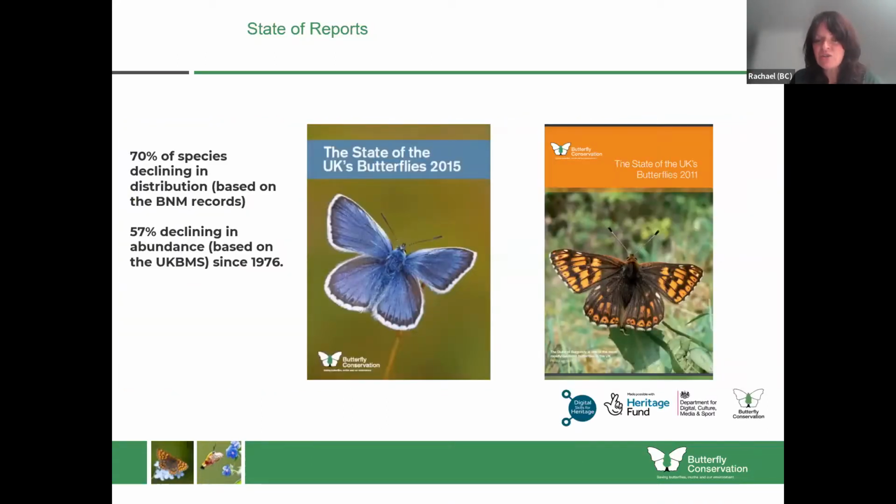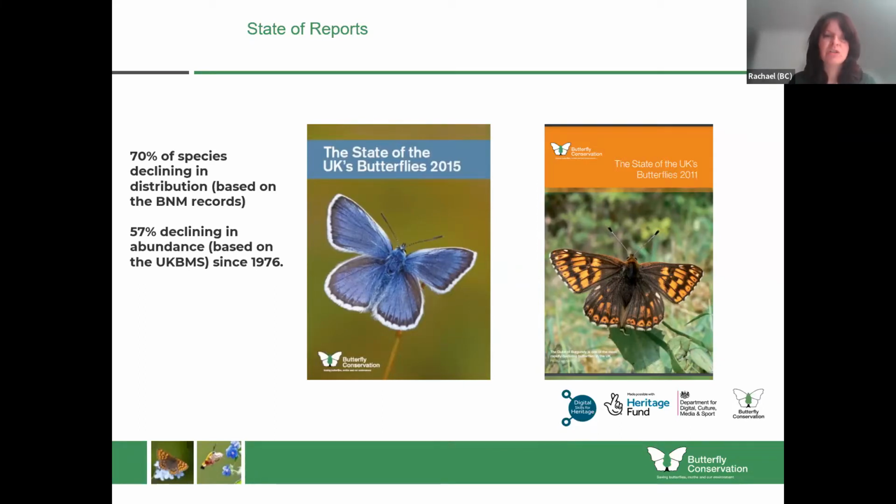We use the data to produce very significant publications, such as the State of UK Butterflies. We do one of these every 5 years or so, and we've got a revised one in the pipeline. These really inform the government and people who make decisions about what's happening.